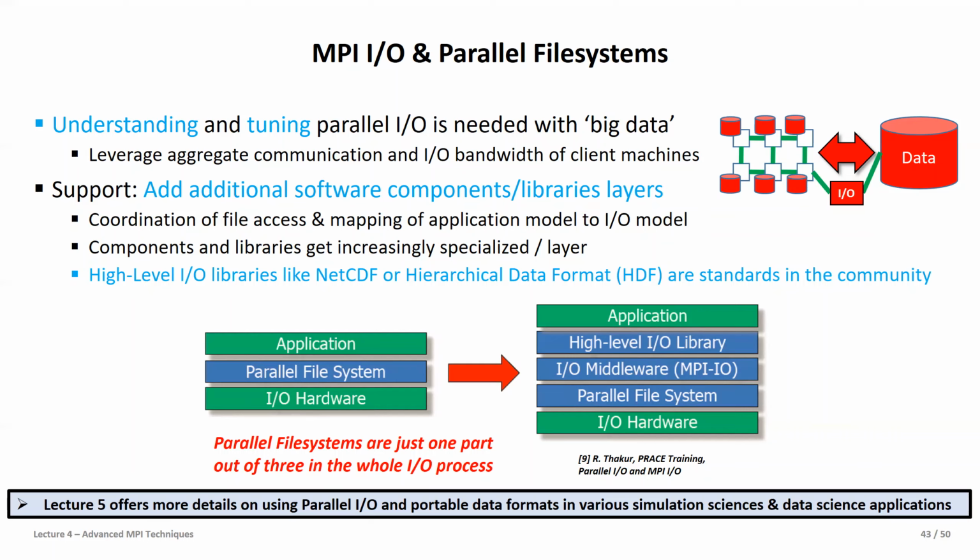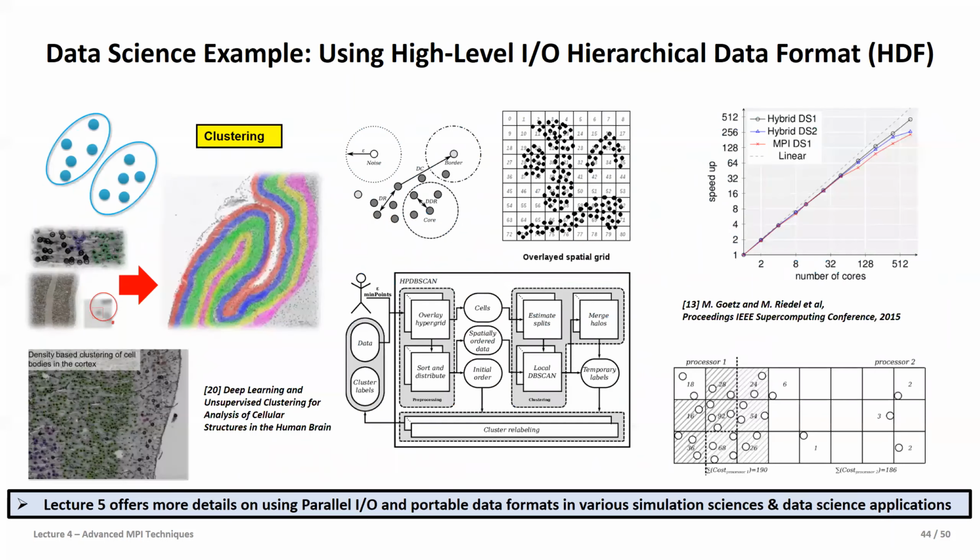We will come back to this in lecture 5, but also when we have our application use cases at the end of our HPC course, we will come back again and again to how we have their IO implemented with either netcdf or HDF formats. As a short appetizer, I brought you another data science example here, because it's about data, but it could also be simulation science, of course, in both ways.